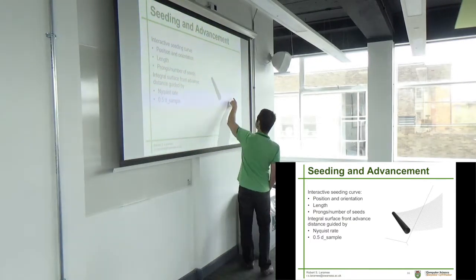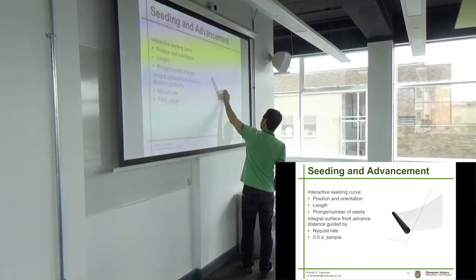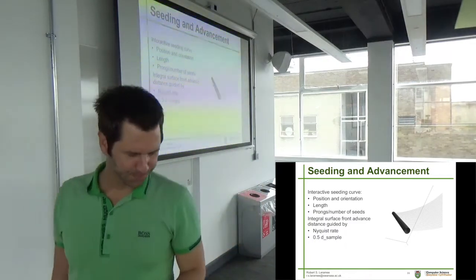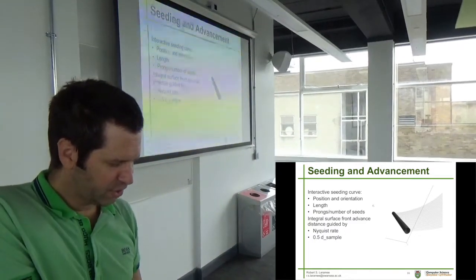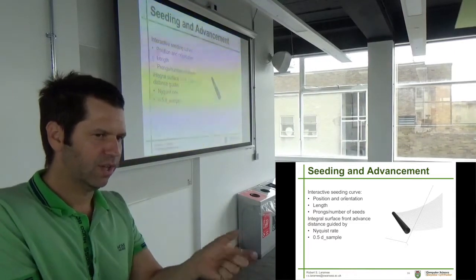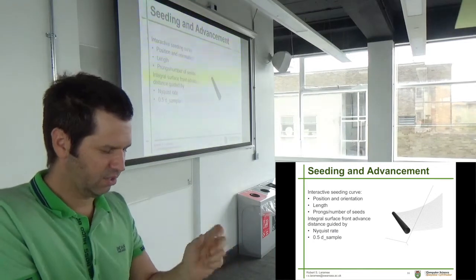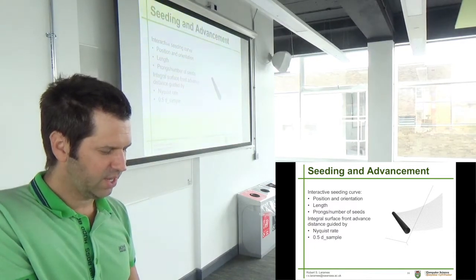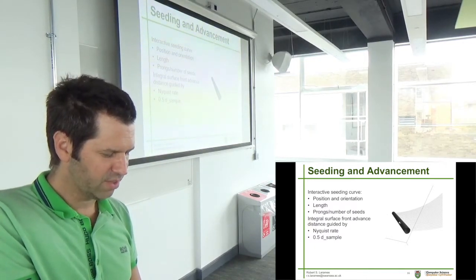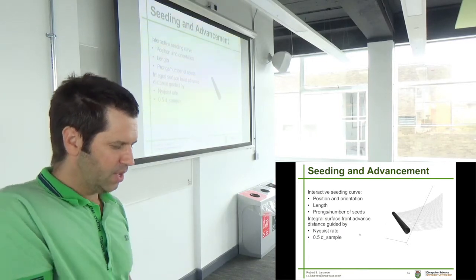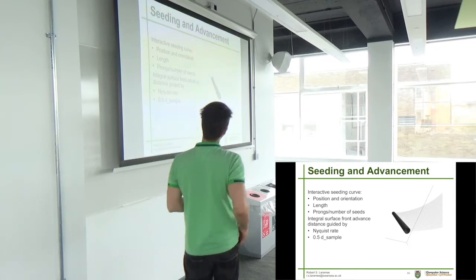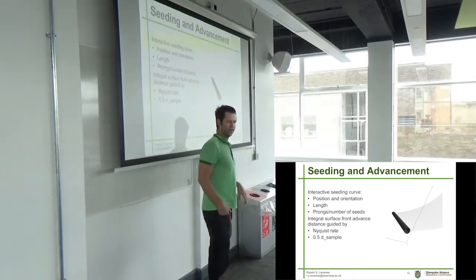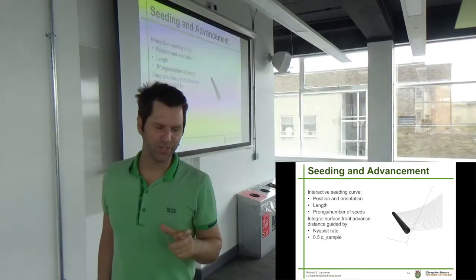So that's the stream surface, but it's composed of a mesh, and you can see that the mesh is all quadrilaterals. So the curve has a position, it has an orientation, like you can twist it around along different axes. It has a length, it has a number of seeds along the curve, so we have to specify the number of seeds. And the next step is to advance or start integrating each one of these streamlines. That's the next step. So step one is position the seeding curve.